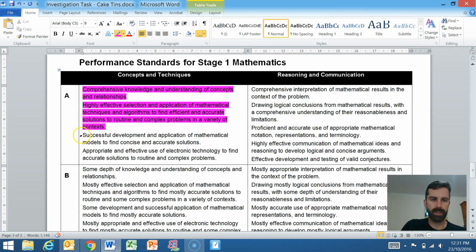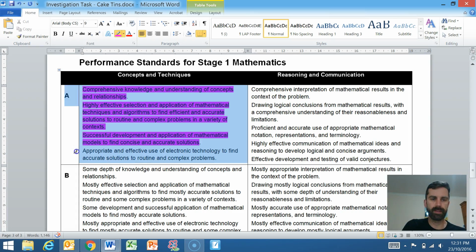You need to successfully develop and apply mathematical models to find concise and accurate solutions. This is a bit similar. Models means that you are using some maths to represent a real life situation. In this case, it's about using maths to represent a cake tin. Again, this is about how you apply your maths, doing it in the most efficient way possible and getting the answers right.